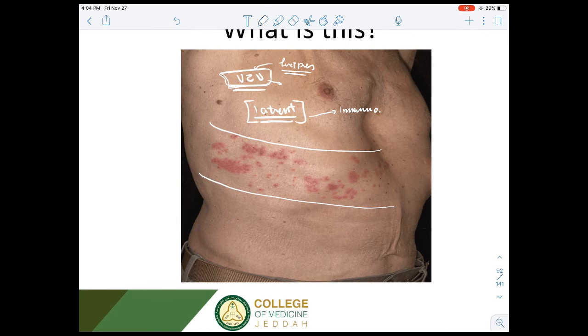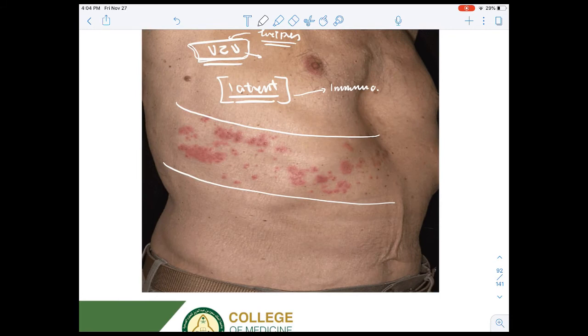And once it reactivates, again, it's going to travel through the nerves into the skin, and it could cause these lesions that are observed here. And this is an explanation for why the lesions occur in the dermatomal distribution. That is because you have the nerve that actually has these viruses remaining latent in it. And the viruses would travel into the dermatomal distribution of that nerve specifically.